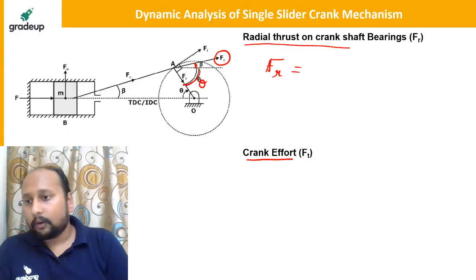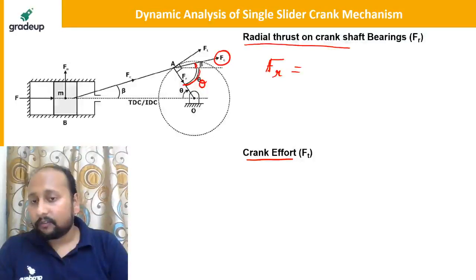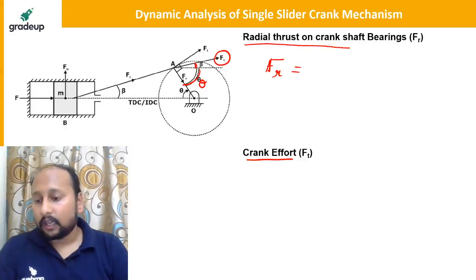Will it be Fc cos theta, or Fc cos theta plus beta, or Fc sin theta, or Fc sin theta plus beta? Please tell me quickly what the radial thrust will be in terms of Fc.